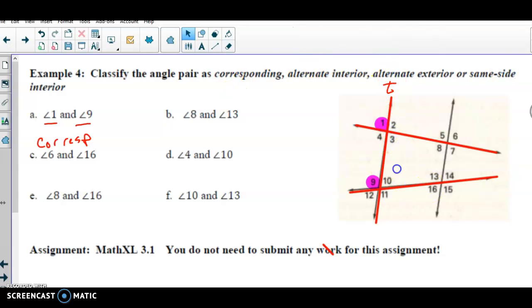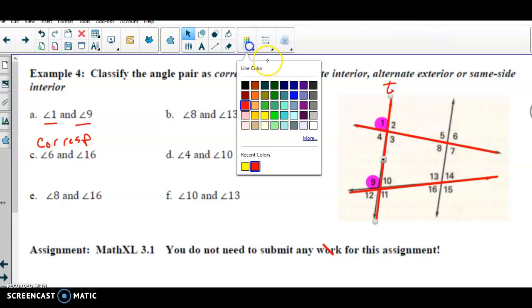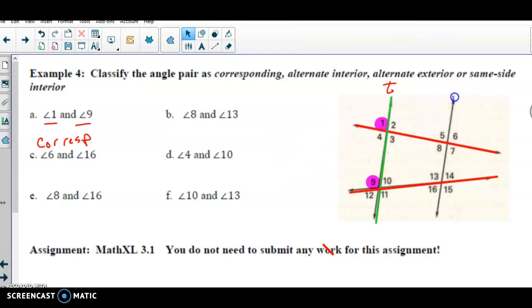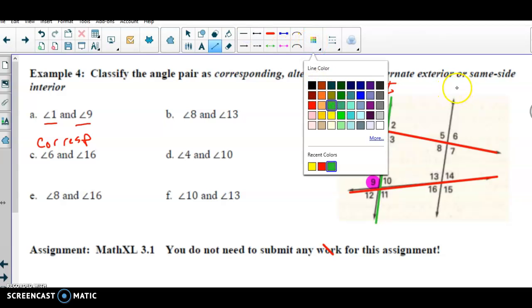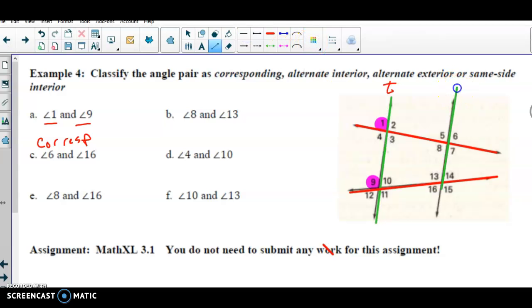I'm going to actually change the color of this line. Change it to green, and I'm going to make another green line over here. And I called that transversal line T. I'm going to name the rest of these lines so it's easier for me to talk about it.